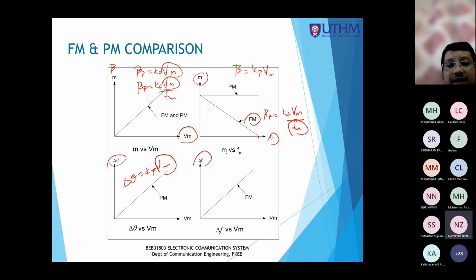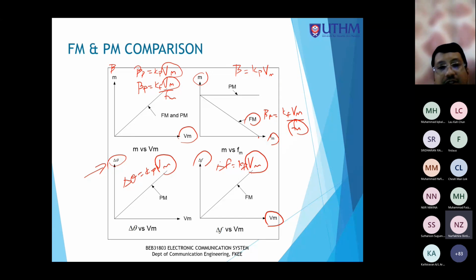And delta F is equal to Kf VM. So this parameter is also directly proportional to the voltage of the modulating signal. Delta F is the frequency deviation. Delta theta is the phase deviation.